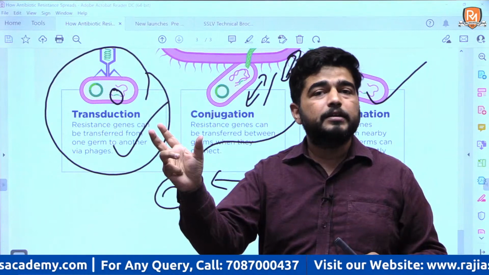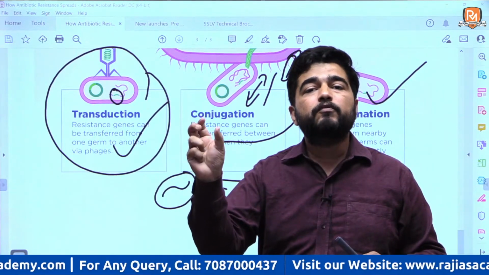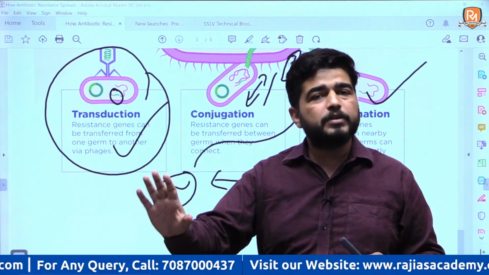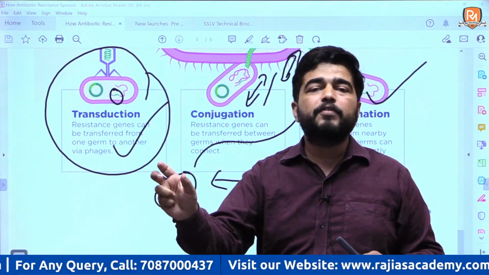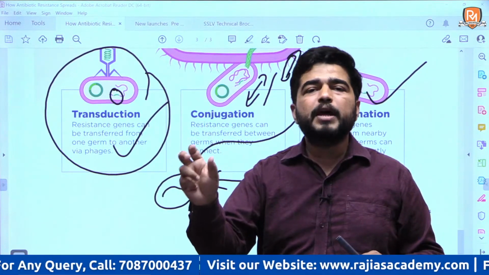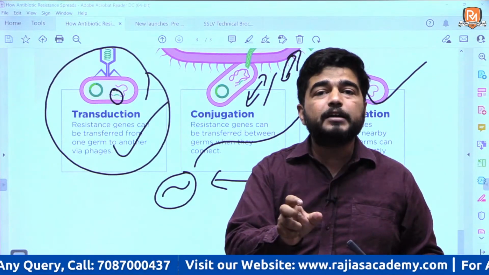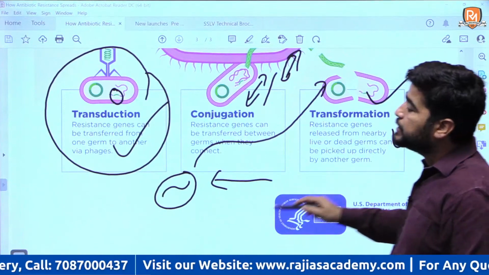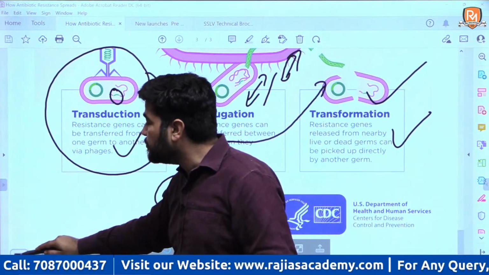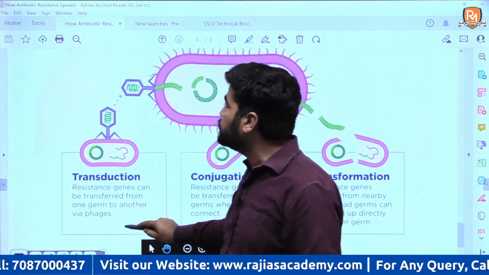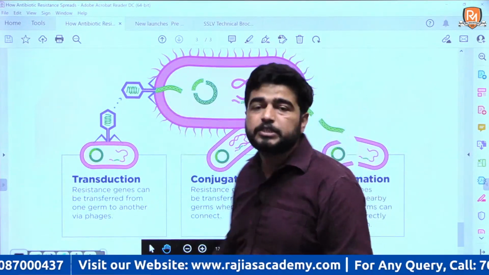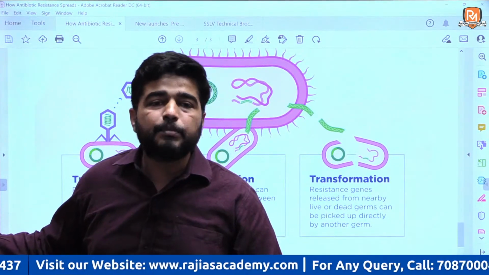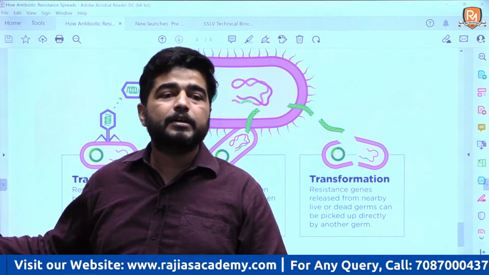The bacteria was dead, but its DNA was transferred naturally, without any conjugation or transduction, from the environment to the living bacteria. This is known as transformation. These are some methods through which bacteria get an antibiotic resistance gene.